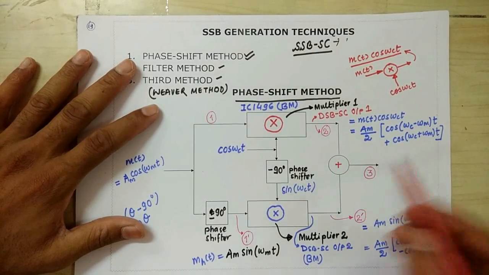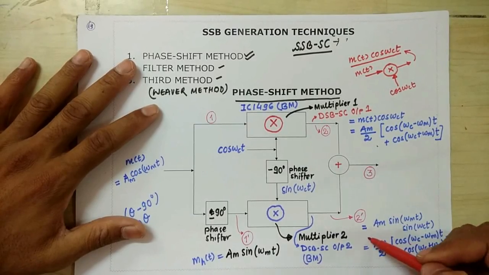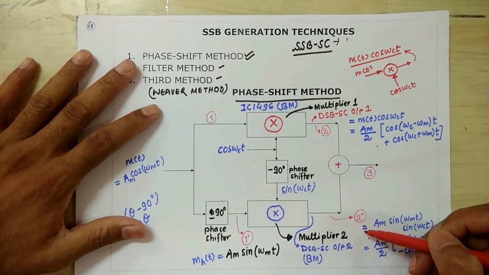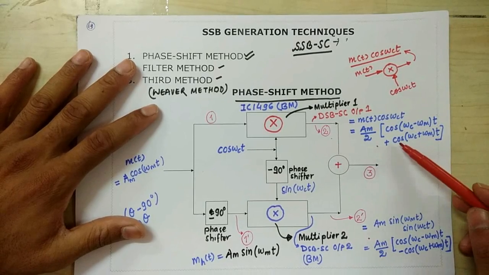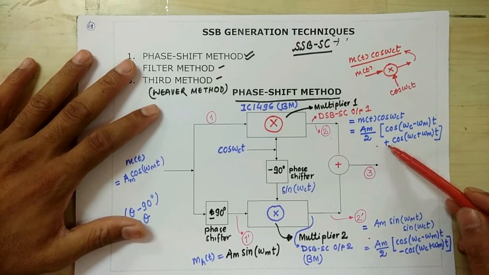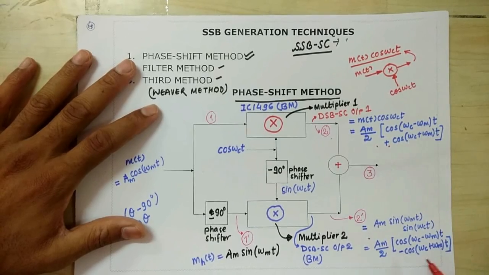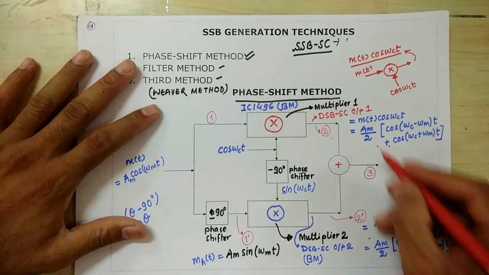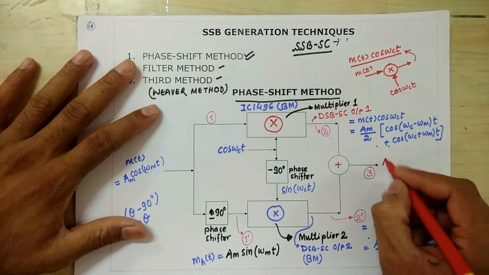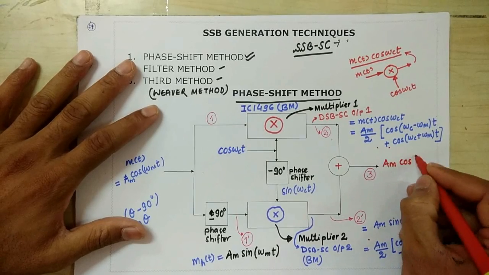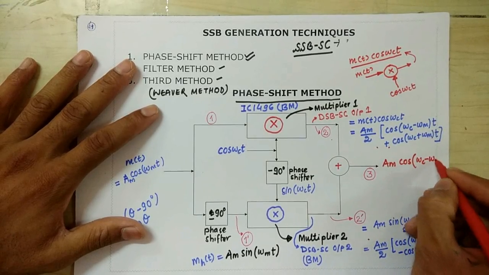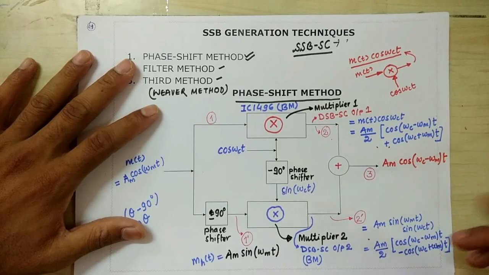This is the adder block, which is going to add these two signals, that is point number 2 and point number 2 dash. If you add these two, the upper one is plus and this one is negative, so the second term is going to be cancelled and the first is going to be added. So the final output is going to be Am cos of (omega c minus omega m) t.